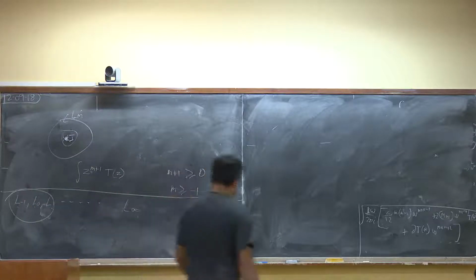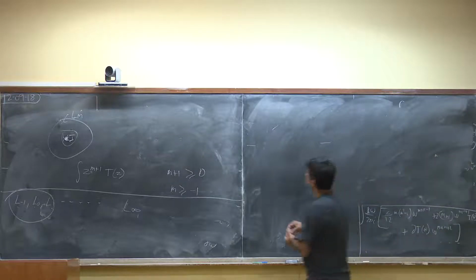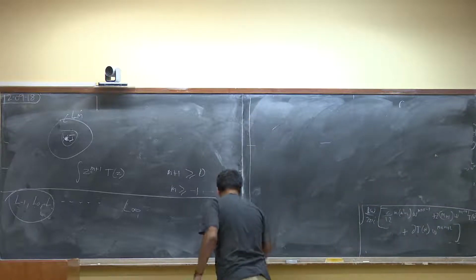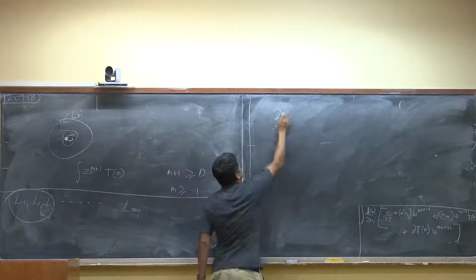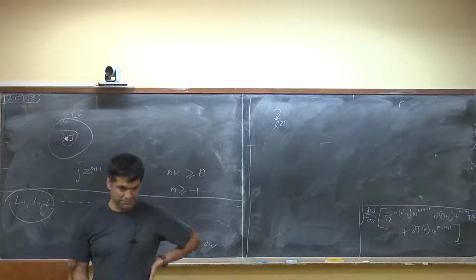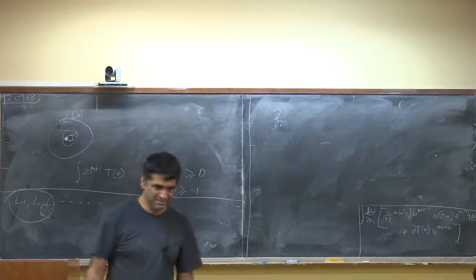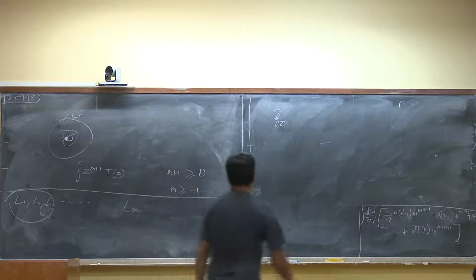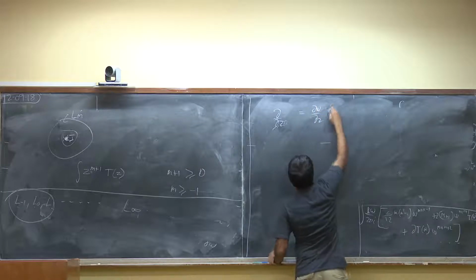So in order to understand what a primary operator is, let us remember the following. Suppose I take the differential operator del by del z, and I ask how it transforms under a diffeomorphism. Okay. So very good. So that's very easy. This is equal to del w by del z, del by del w.